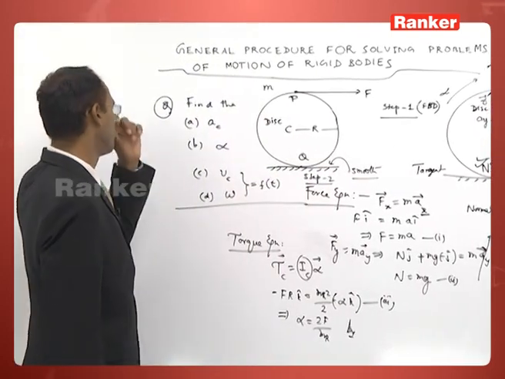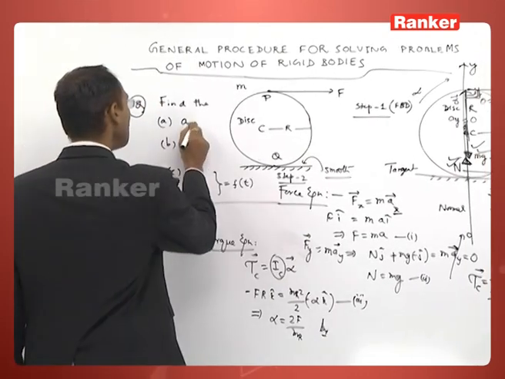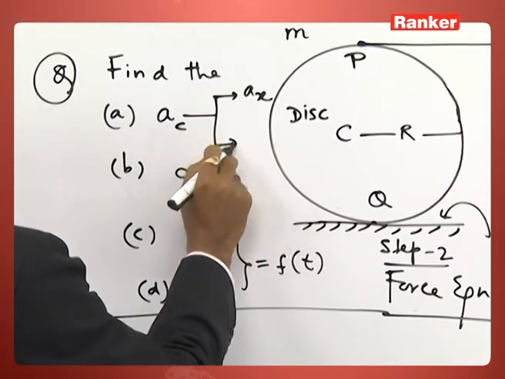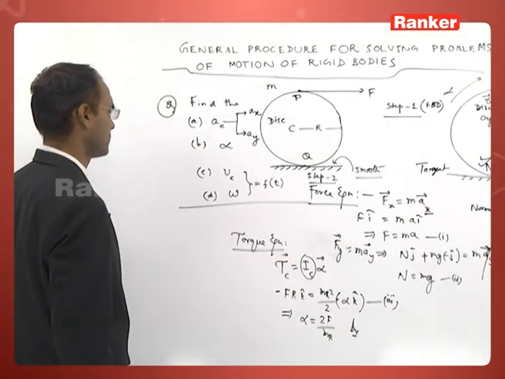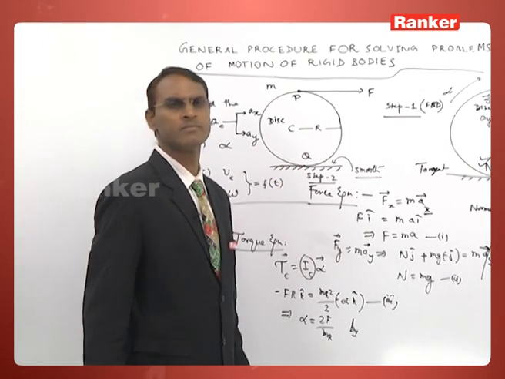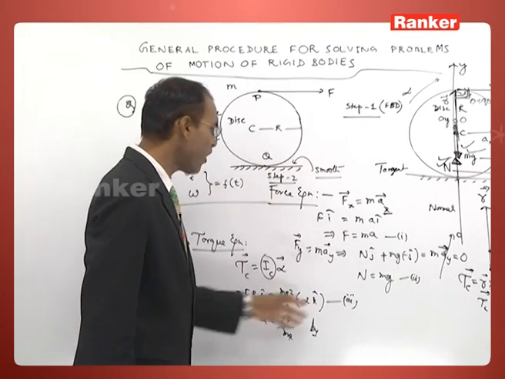Let us calculate the acceleration of the center of mass. The center of mass has two accelerations, along x direction and along y direction. The final step, step number 3, is the solution of all equations.